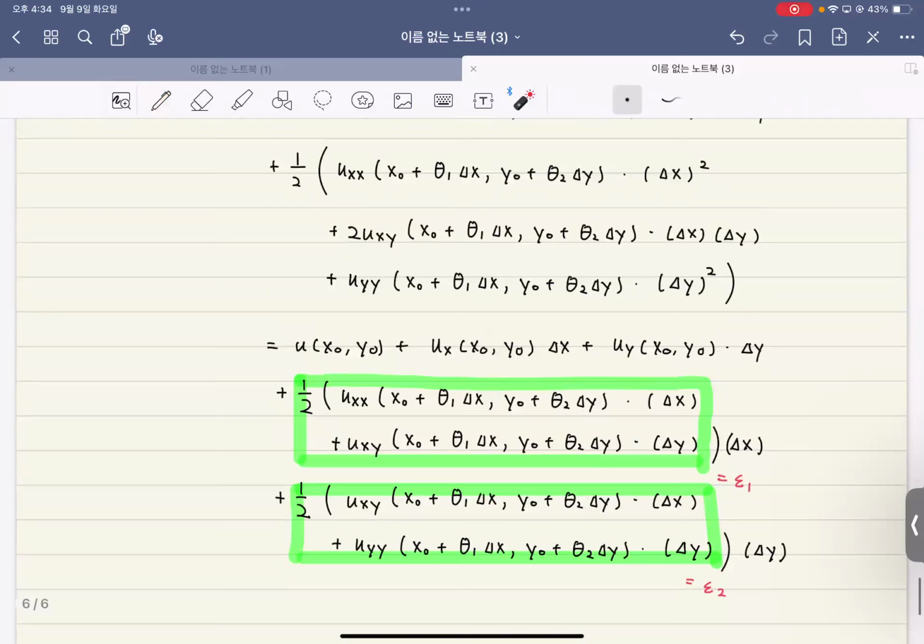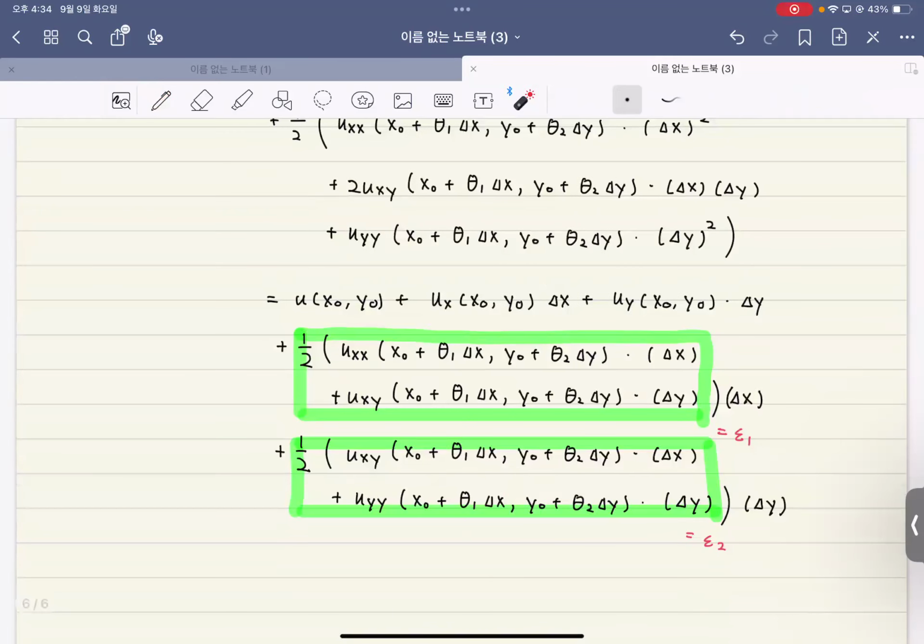So a few remarks on epsilon 1 and epsilon 2. We are assuming that my function u was twice continuously differentiable, right? So as Δz, which is just Δx plus i times Δy, tends to 0, that means Δx and Δy are simultaneously both tending to 0, right? Therefore, these points are also tending to x0 and y0.